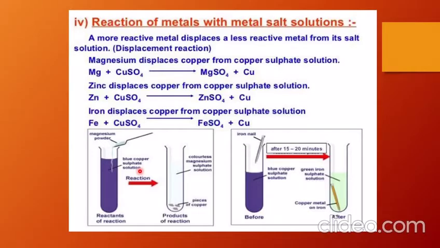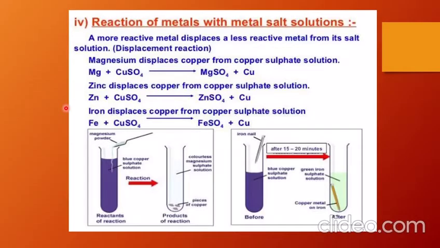So this reaction shows that zinc is more reactive than copper. If a copper plate is dipped in zinc sulfate, if we invert it, here we take copper and here we take zinc sulfate, then there will be no reaction. Why? Because copper is less reactive than zinc.